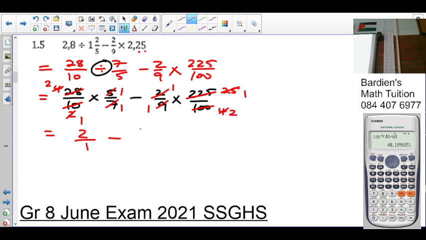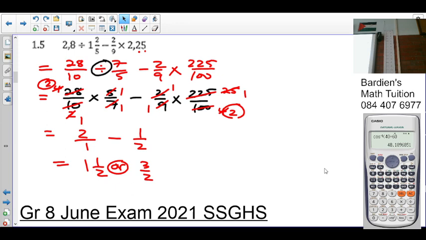So what am I left with here? 1 over 2. Can you see the 2 is in the denominator here? Here the 2 is in the numerator. So 2 minus half is 1.5, or you find an LCM of 2 and then you get 3 over 2. Either one was accepted. Okay?